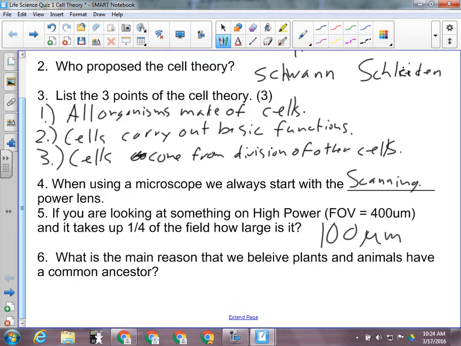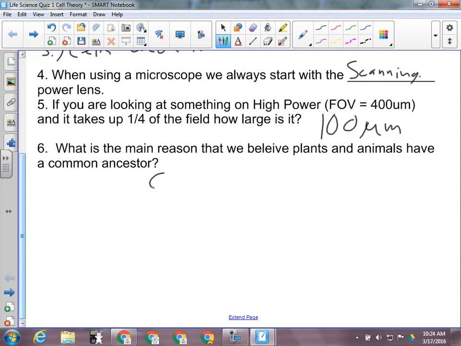Number 6. What is the main reason we believe plants and animals have a common ancestor? They need to have mentioned essentially 2 things. Common structures, and if they listed a few, that's awesome. Okay? Common processes.